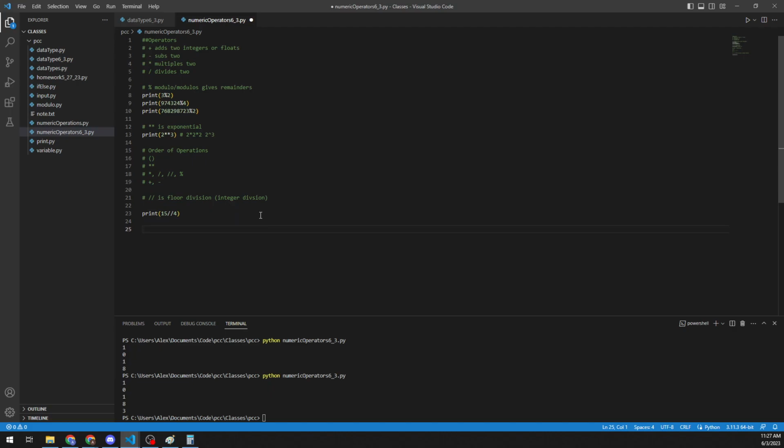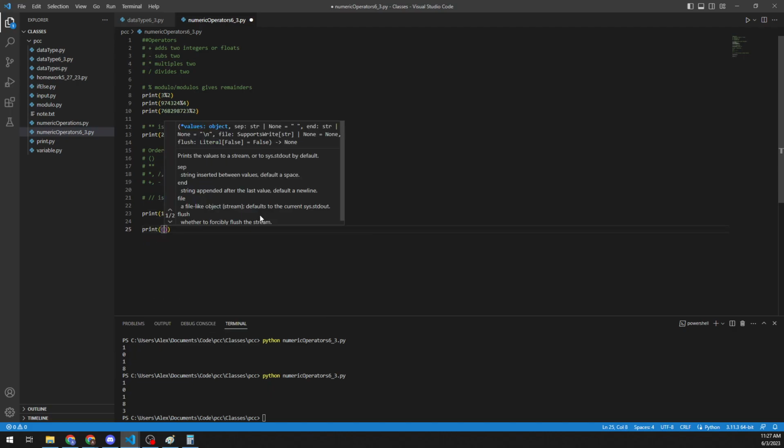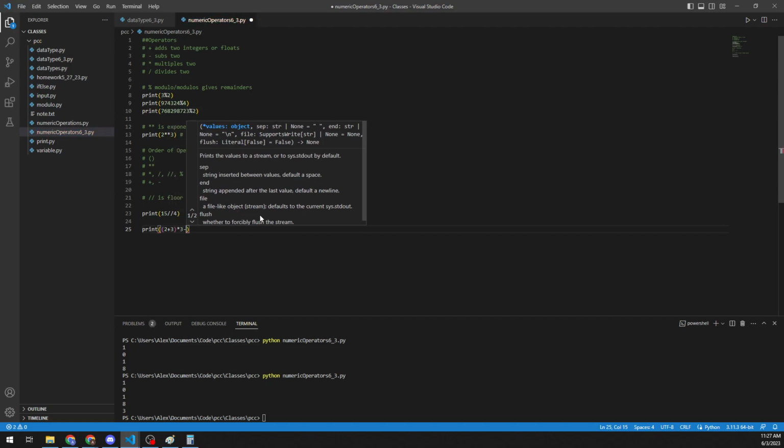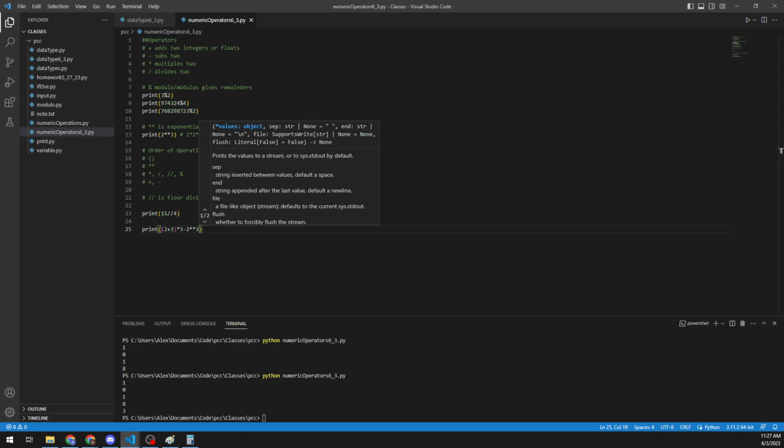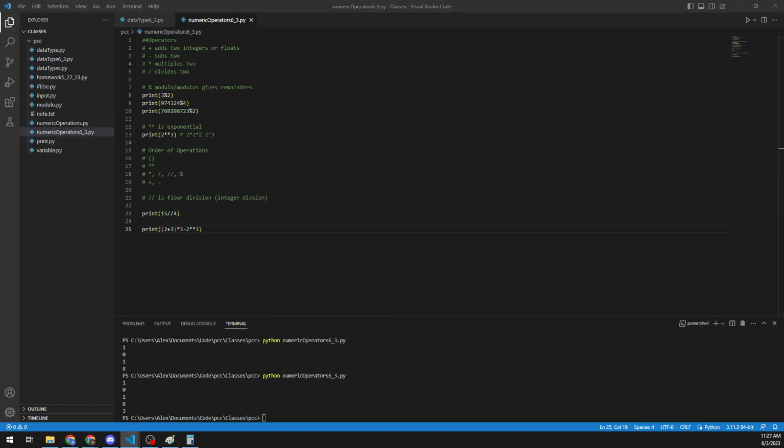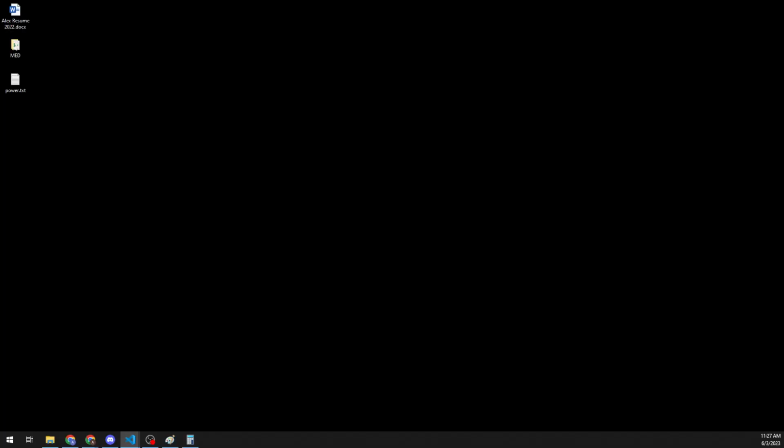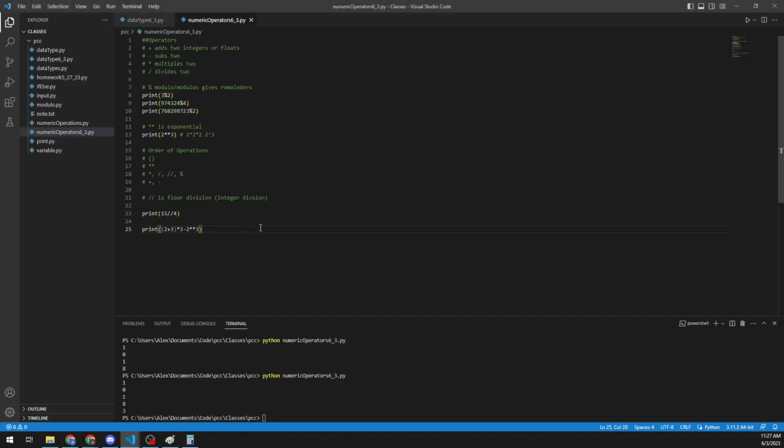All right, so print 2 plus 3 times 3 minus 2 to the third. This will work how you think it would work. It would do 2 plus 3, so the first pass it would do 5.